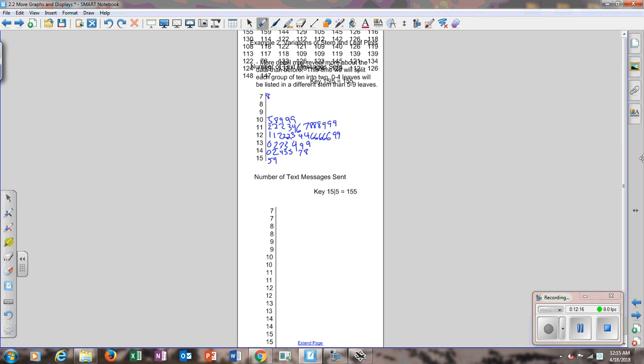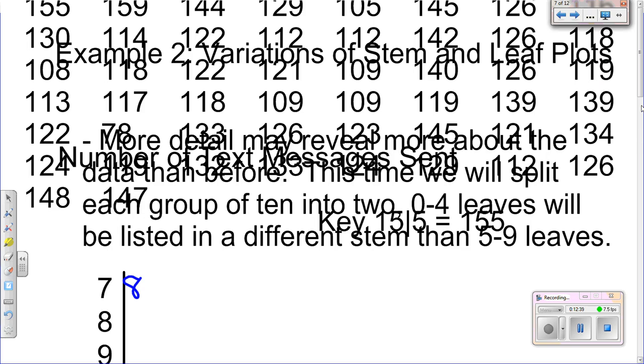All right. So when we look at the data, it's 78. So that's going to go with the second 7. Then anything 5 or above goes in the second one. So 5, 8, 9, 9, 9. I don't know if you guys can even see this on the smart board.